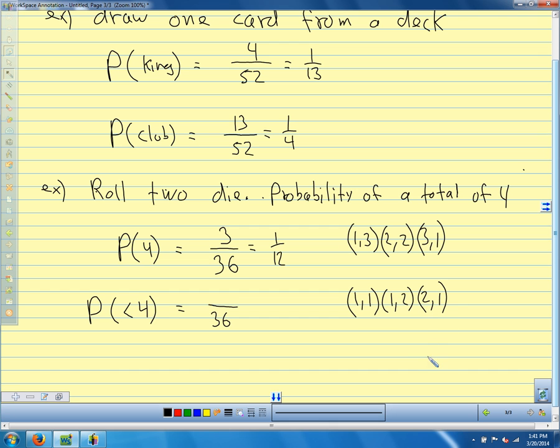So those are the ways we could roll less than 4. We get 3 out of 36 possibilities again, or 1 in 12. So our probability of rolling less than 4 is 1 in 12. Probability of rolling 4 is 1 in 12 also. Questions so far?